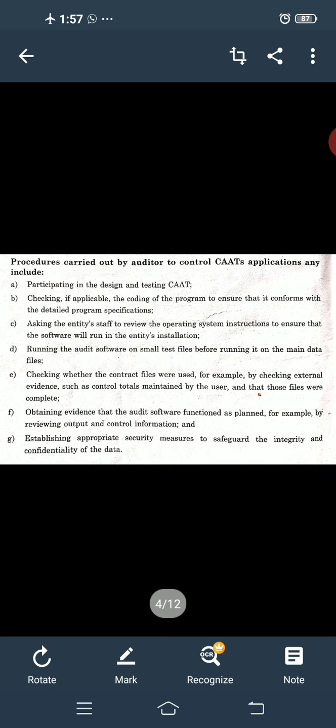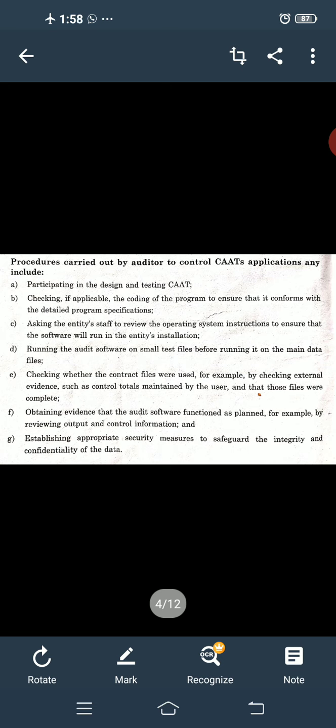Then obtaining evidence that the audit software functioned as planned, for example by reviewing output and control information.